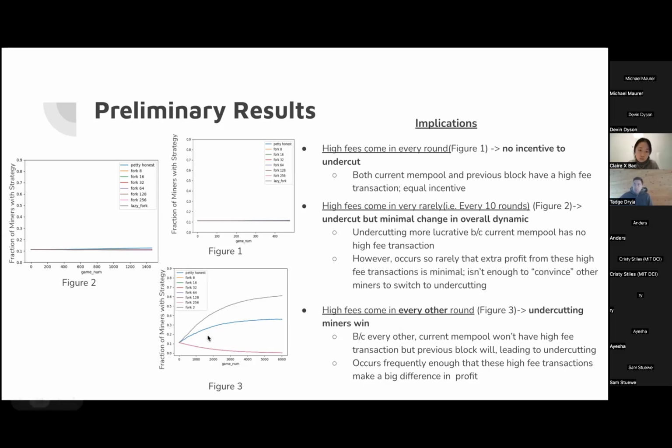This is shown in figure 3. So this gray line here is fork 2, which is basically, again, where an undercutting miner forks, takes half of it, and leaves half for the other miners. And as we can see, it's up to around 55%-ish of the miners agree that taking this flavor of undercutting is more effective than the other strategies. So under this specific environment, the threat of undercutting attacks is reintroduced.